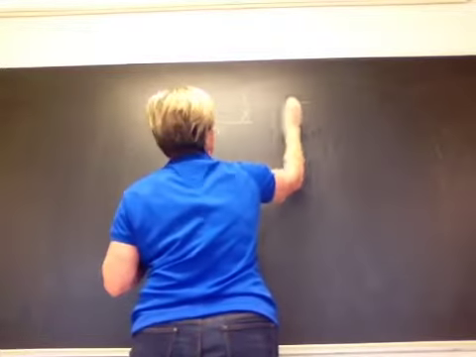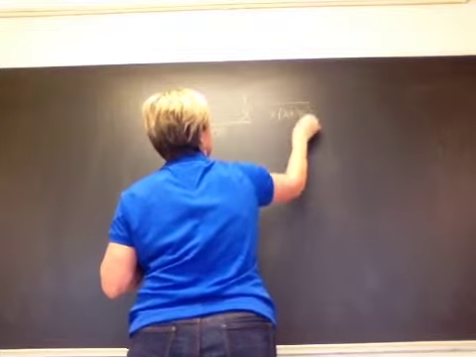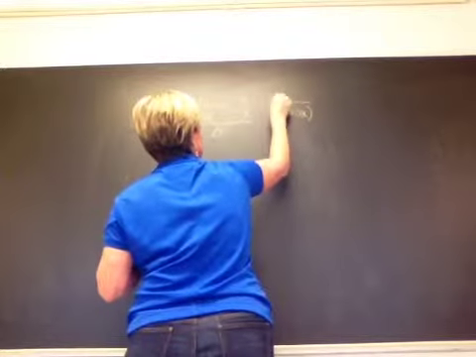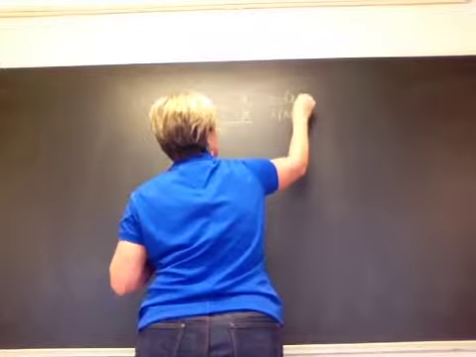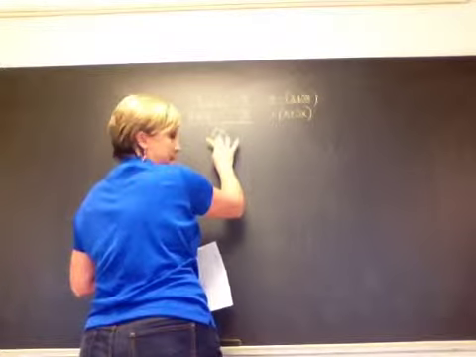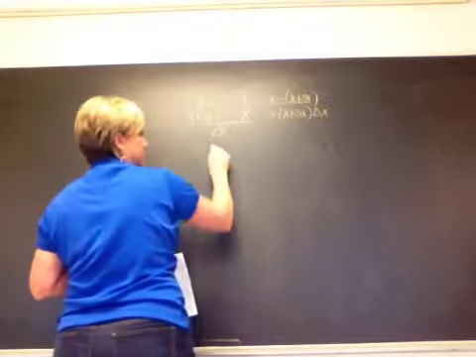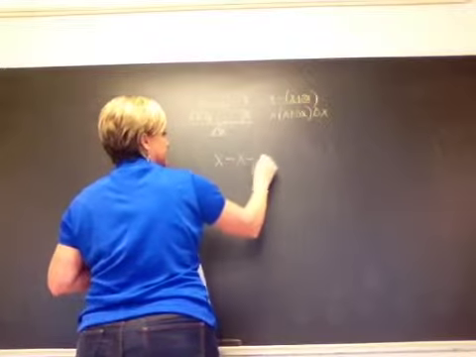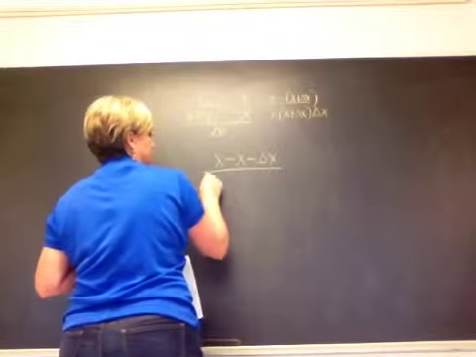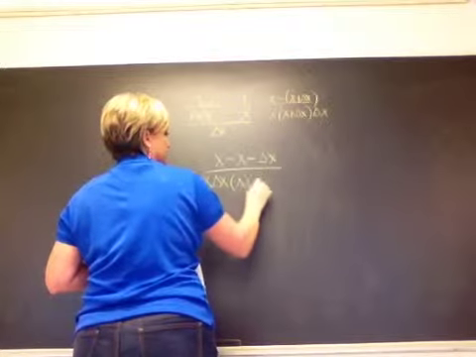And then I'm going to get a common denominator up top, so that's x times x plus delta x. Cross multiply x minus x plus delta x, and I'm going to go ahead and bring this into the denominator. So up top you have x minus delta x all over x delta x, x plus delta x.